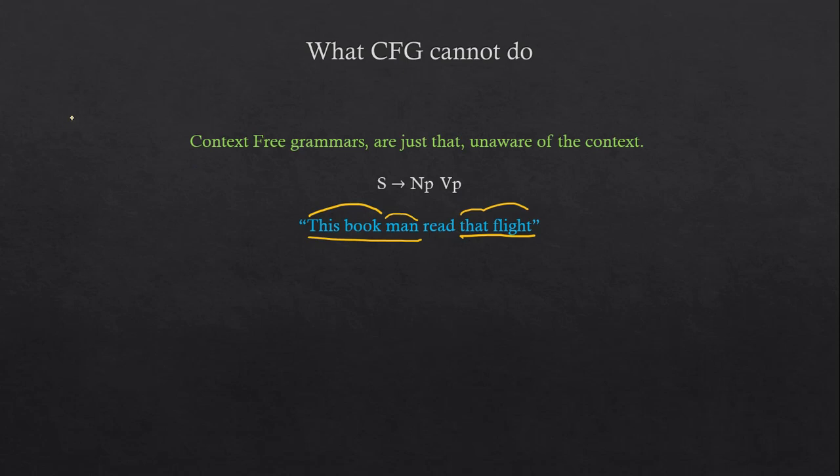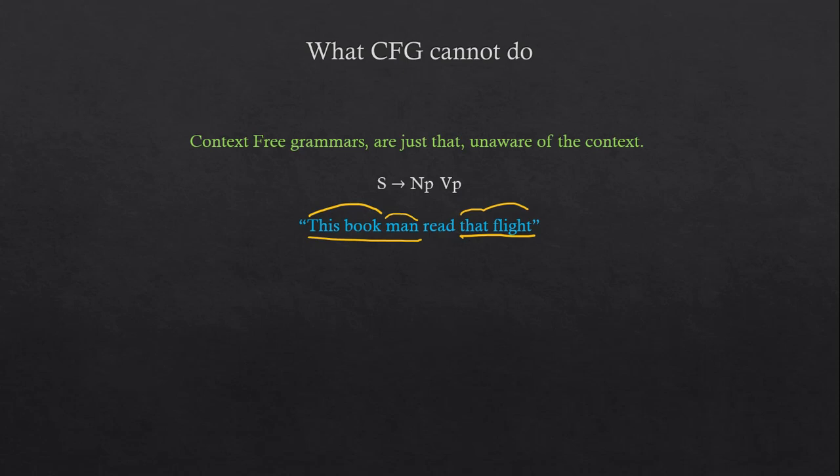For that, we have context-sensitive grammar, which is a little more powerful than context-free grammars, just like context-free grammar is a little more powerful than regular languages or regular expressions. As a consequence, we did mention that context-free grammars can maintain some form of memory.